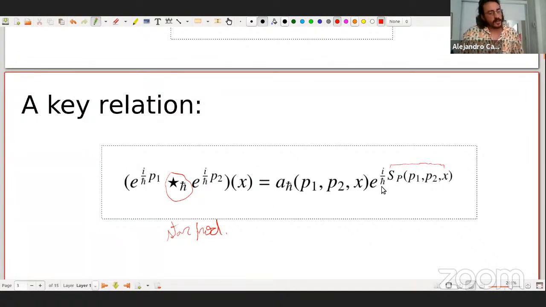When h goes to 0, this is a fast oscillatory exponent, and it is typically referred to as the semiclassical contribution, because it's the leading term in such an expression when h goes to 0. The connection between the things that I'm going to say can be seen in this formula: the fact that this is associative imposes some special properties on this function S. And this can be reduced to the fact that this is a generating function.